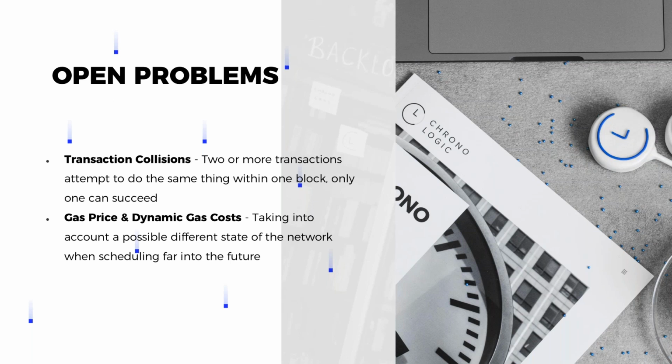With Ethereum, the EVM is synchronous in the sense that only one transaction happens at a point in time. All the transactions which go into each block are queued one after the other. So if two different transactions try to do the same thing within that block, one succeeds while the other reverts. The problem with that is that upon reverting, the gas that was sent along with that transaction is burned up.